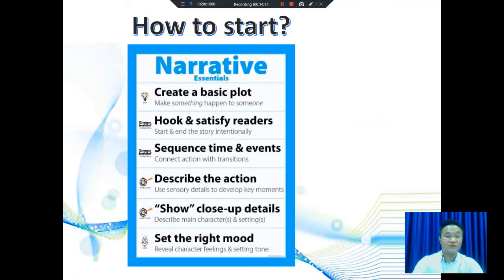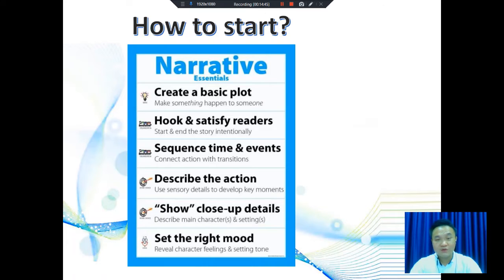And of course, you have to describe the action, the movement, all these sensory details, especially focusing on your five senses. So you have to describe the action and then show close-up details. For example, you can talk about the main character, the settings, or the cultural background, for example a particular village or a particular group of people.